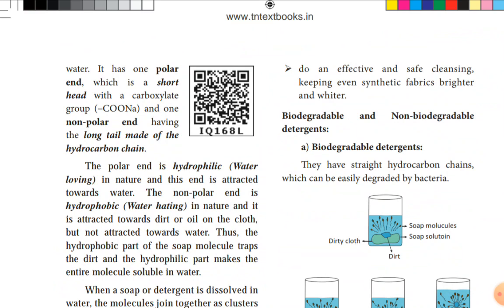First point you have to understand: there are two chemically distinct parts in a soap molecule, and these two parts interact differently with water.